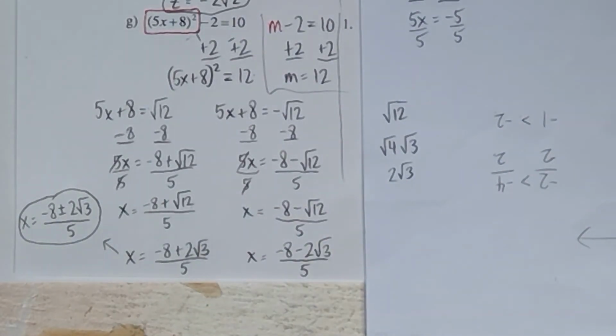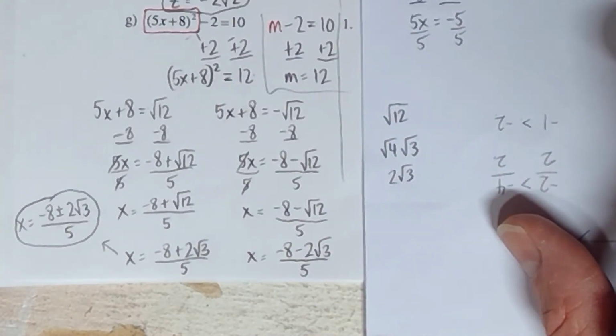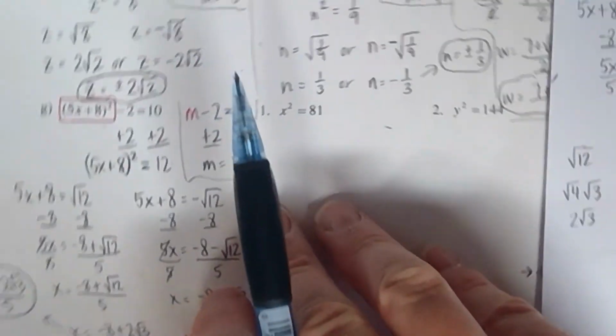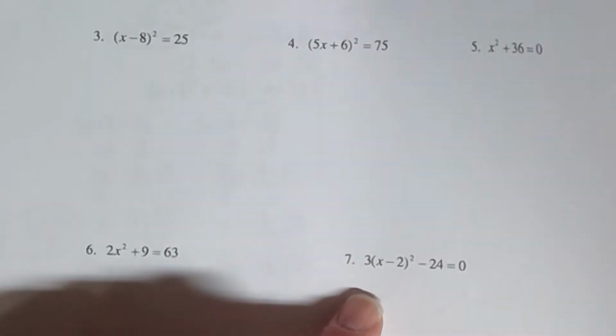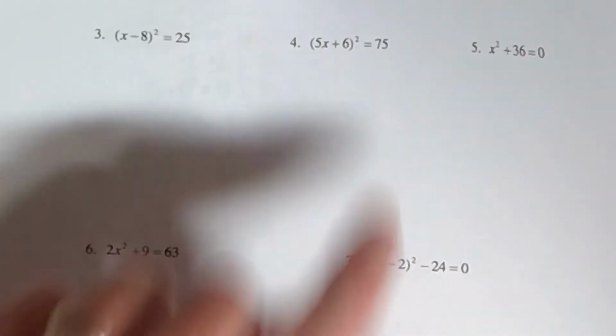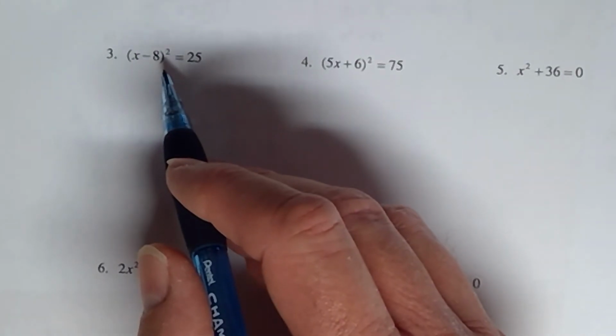Okay. What we have left over in our current section 10.1 is on the second page, we still have 3, 4, and 7. Notice in 3 and 4, we already have the bracket squared by itself.